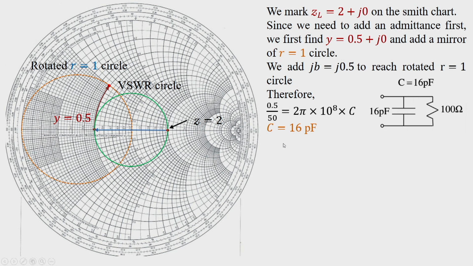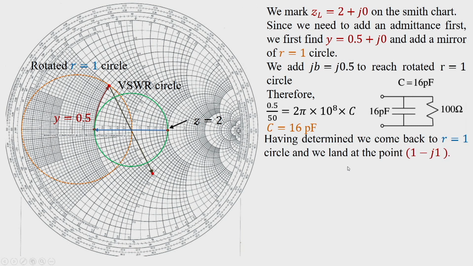Now, we need to add the series element. So, what do we do? We come back to r equal to 1 circle, that means this circle. In order to do that, we draw this line through the center of the Smith chart and find the intersection point with r equal to 1 circle. Now, we read the value of the normalized impedance here.